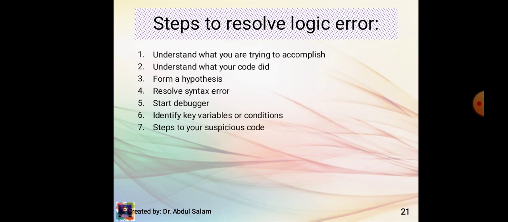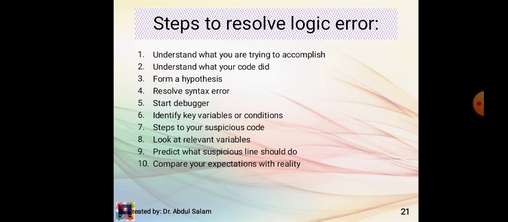Step 7, step to your suspicious code. Step 8, look at relevant variables. Step 9, predict what the suspicious line should do. Step 10, compare your expectations with reality. Step 11, think about your logic. Step 12, fix the problem.